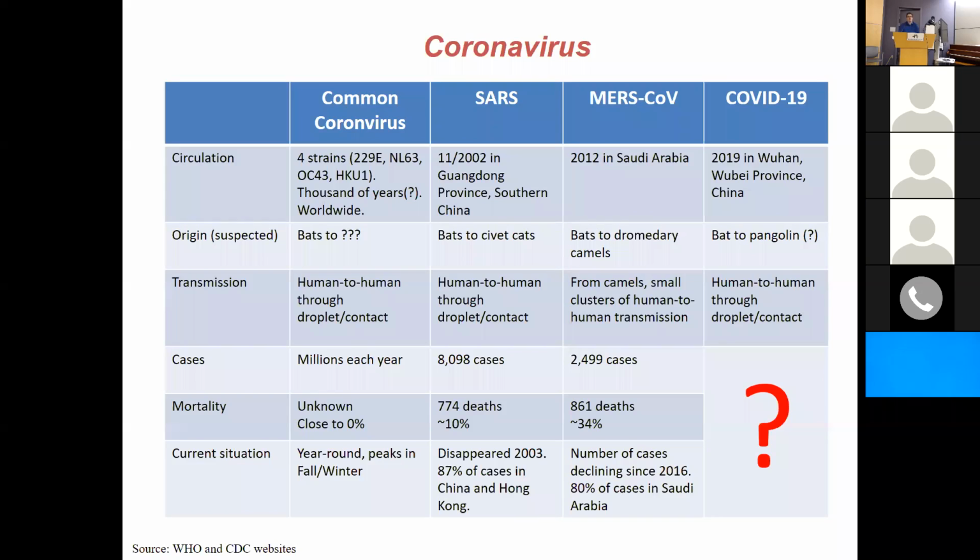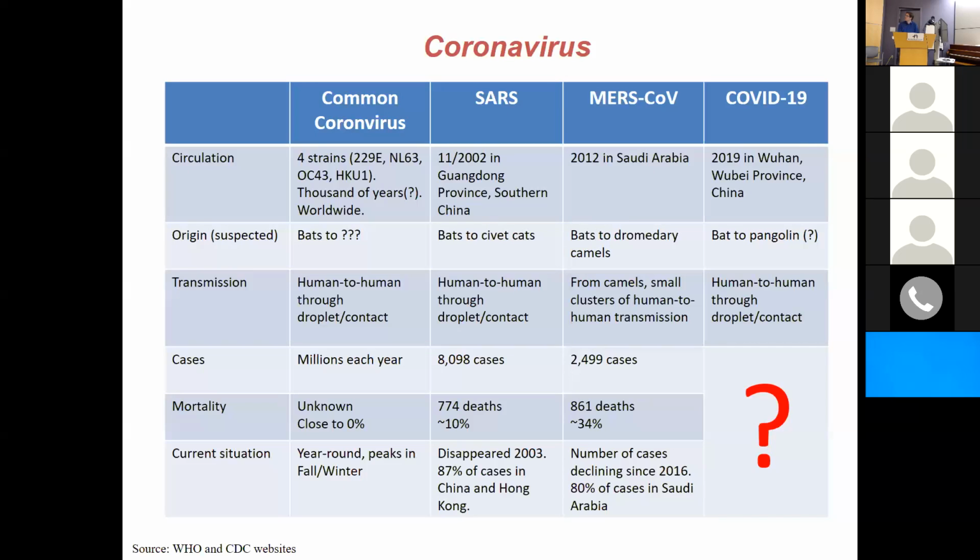What we see with MERS is limited spread within humans, so it's from your camel to a patient, a cluster of people around that person through human-to-human transmission, but the chain of transmission stops because it doesn't easily transmit between humans. 2,500 cases, 861 deaths, so a fatality rate of roughly 1/3. And the number of cases are declining significantly since 2016, and 80% of cases were in Saudi Arabia.